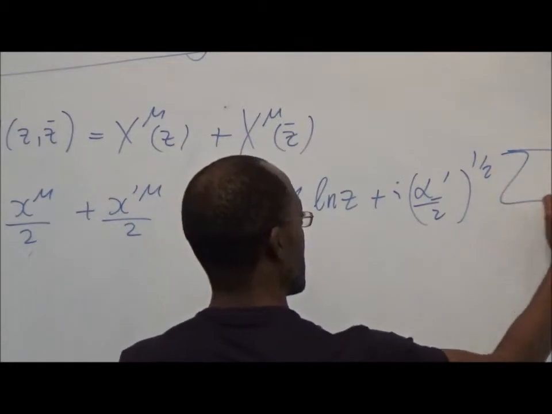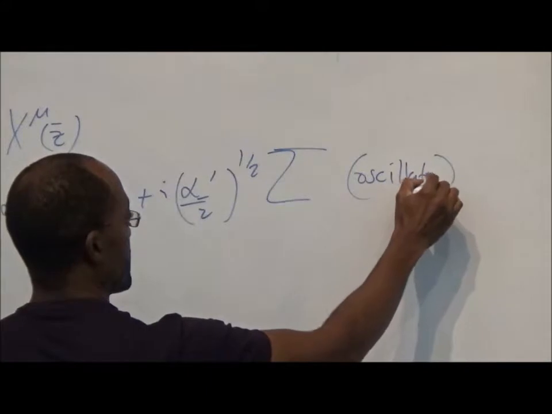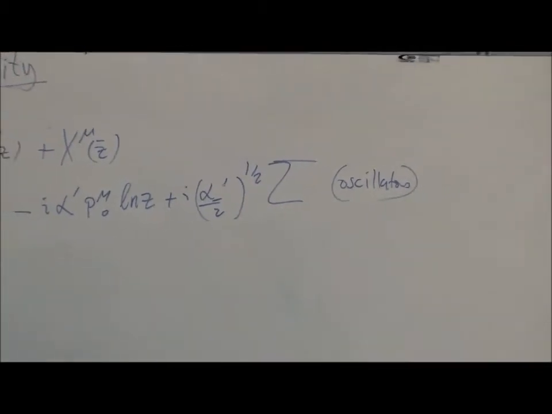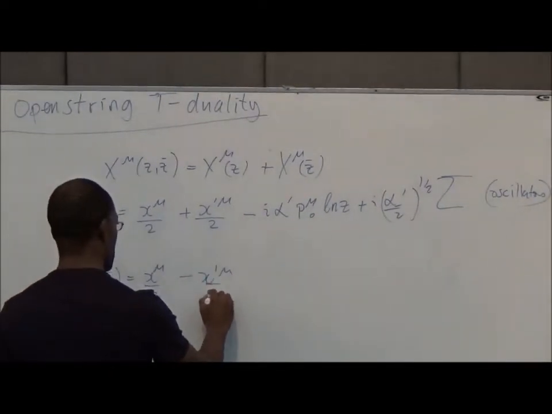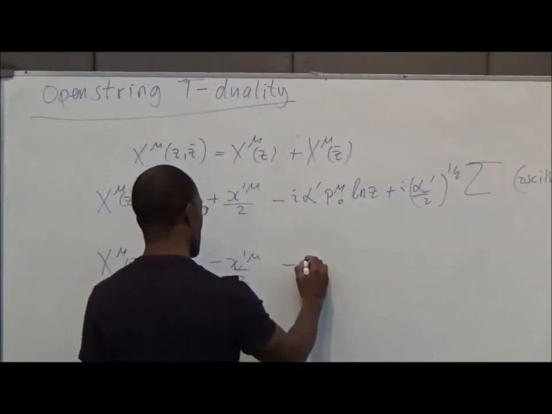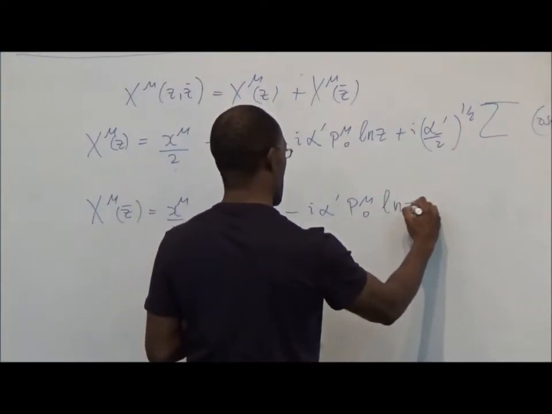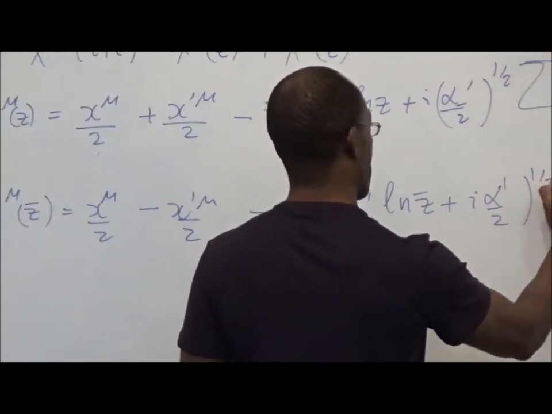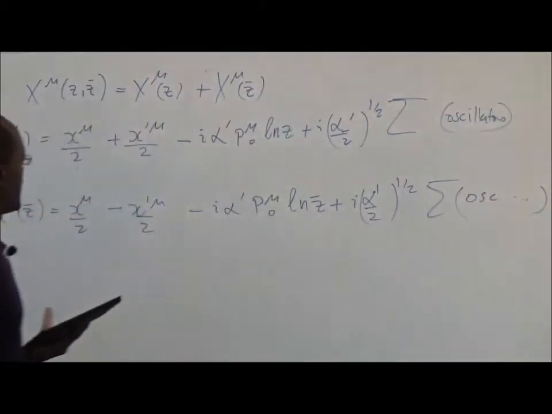Half, and then there's all of the oscillator stuff as before, and then x mu of z bar, x mu minus x prime mu. Right, so what I've done, just for fun, I split things.